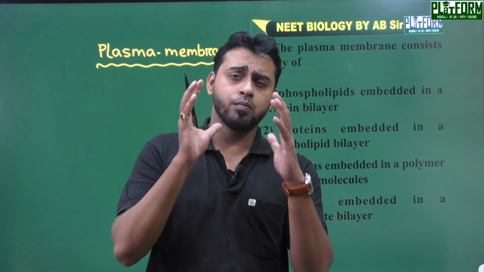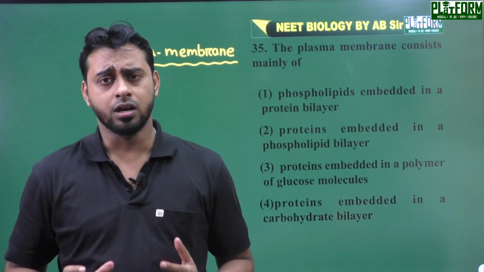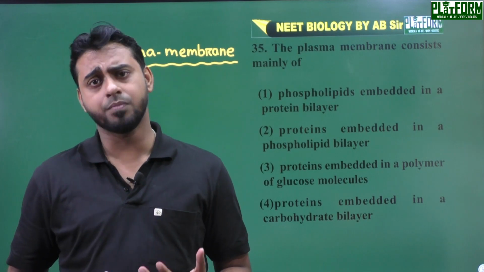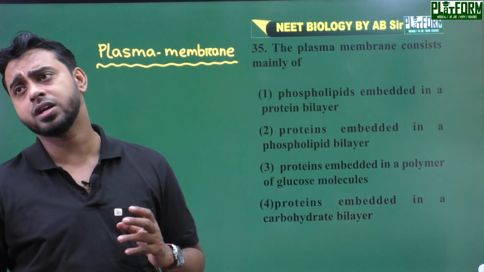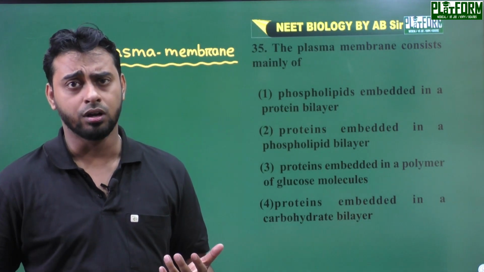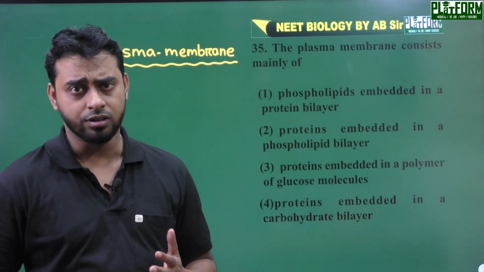Okay. Now the most appropriate or most widely accepted model for explaining the structure of the plasma membrane is the fluid mosaic model, which was proposed by Singer and Nicolson. Fine.